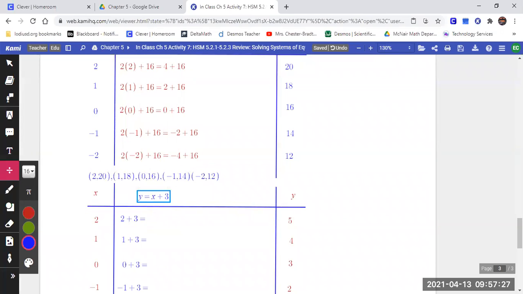What's the second equation from number 2? Okay, 5x plus 4. So I'm going to copy down this 5x plus 4 part. I'm going to change the X to the X value that's just to the left.